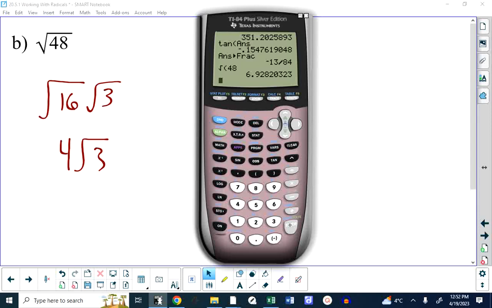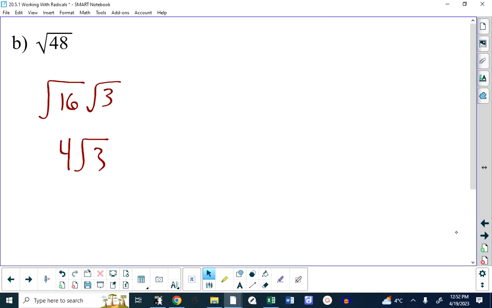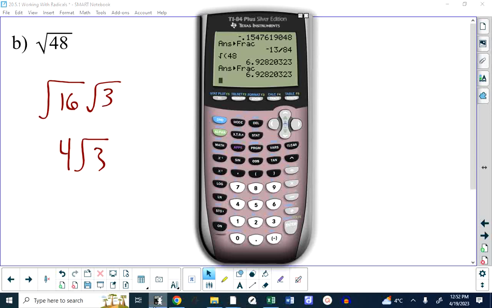If you try to convert it to a fraction, no go. When we say simplified, it's 4 root 3, we simply mean that 4 multiplied by the square root of 3 will give you the same decimal approximation. It's the same number, we just can't see all of the decimals.